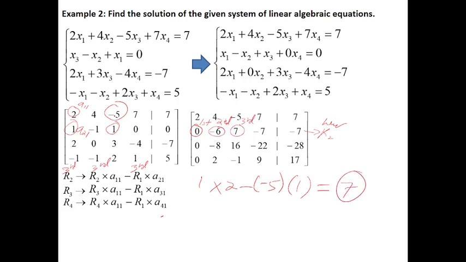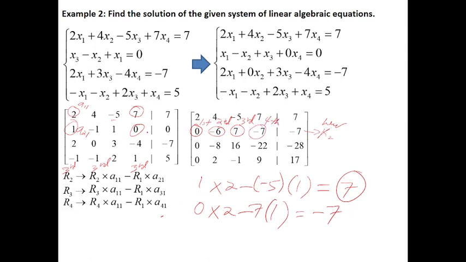Yung next. 0 times 2 minus 7 times 1. Negative 7. O, yun. Nakuha yan.